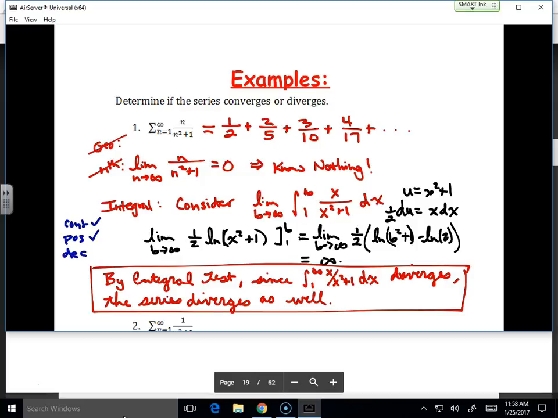Wait. What's 1/2? 0.5. What's 2/5? 0.4. What's 3/10? 0.3. What's 4/17? Less than 0.3. 0.25-ish, right? So if you can tell clearly it's going to continue decreasing like this one, then you're okay.